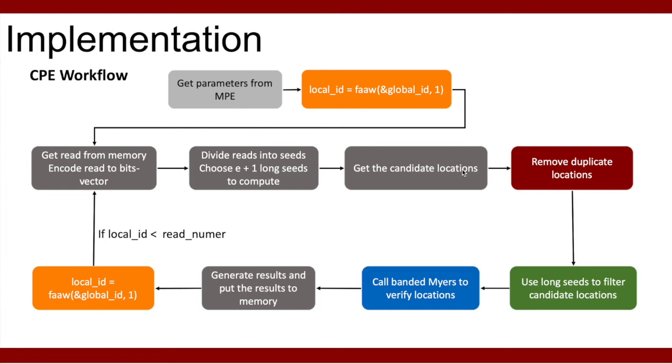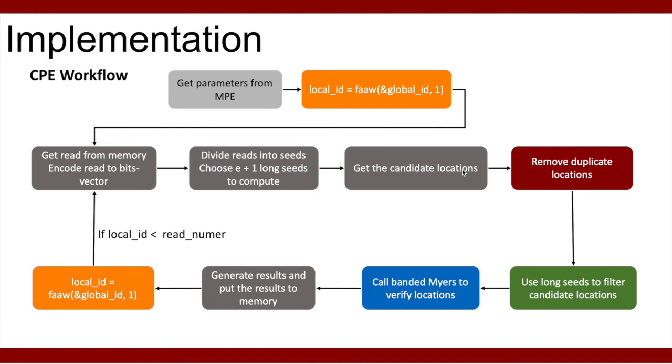We load the number of locations that each short seed matches in the reference from the main memory. We take the sum of the number of candidate locations for the associated short seeds and the number of candidate locations for the long seed. We can choose the E plus 1 long seeds with the fewest candidate locations to compute the minimum number of candidate locations.